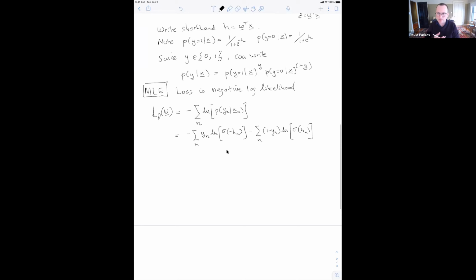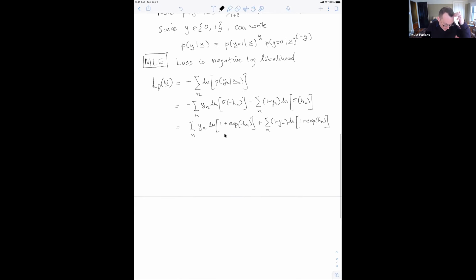This is all algebraic. This is now an expression for the negated log likelihood. And then the last thing I'm going to do is recognize that my sigmoid function is 1 over something. So when I take the log of 1 over something, I get the negation of the denominator. So I can now just go ahead and write this as this. Okay.